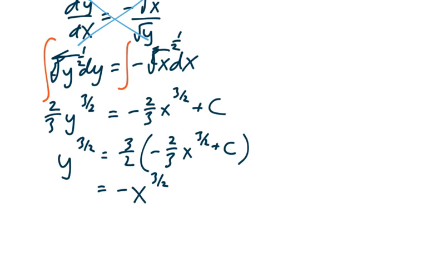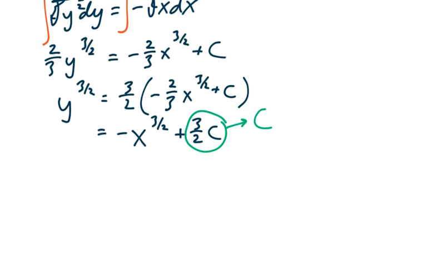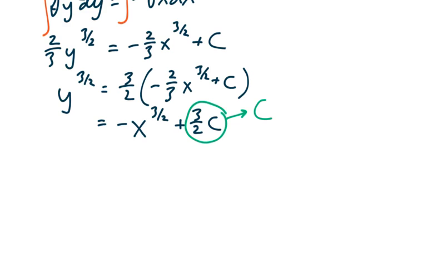Now when I multiply c by 3/2, again, I'm just multiplying by a constant, and that's just going to give me a brand new constant. So really, y to the 3/2 equals negative x to the 3/2 plus a brand new c.